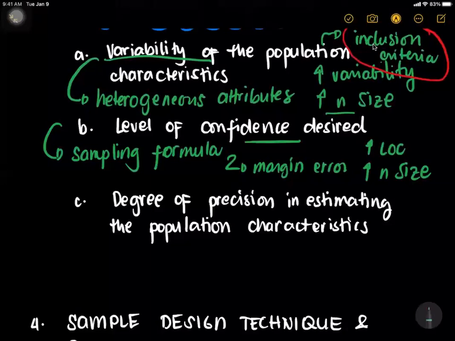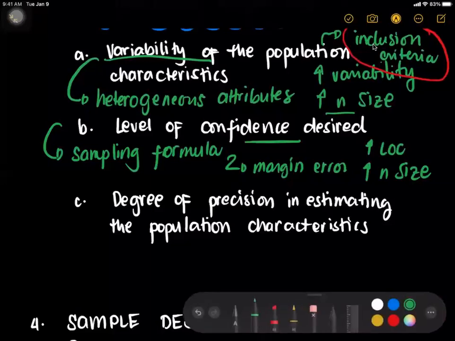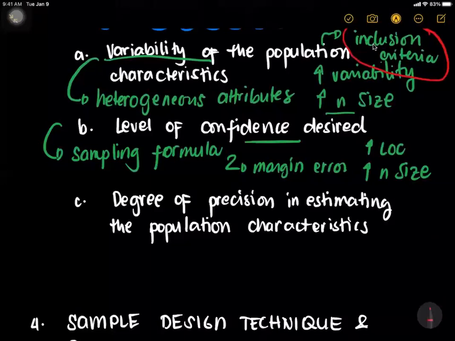So let's say, for instance, you have, okay, so let's have this. Let's say your confidence level is 95%, your LOC. So your margin of error is at 5%. Okay. But if you are going to have a 2.5% margin of error, expect that you would have a bigger sample size. All right.